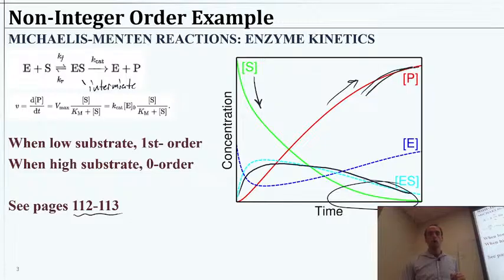And our product that we're forming is kind of asymptoting. The decay of our substrate itself also looks like it's becoming exponential in terms of the decay profile. But during high substrate, maybe the first few minutes here, this is perhaps better fitted with a linear portion, right?